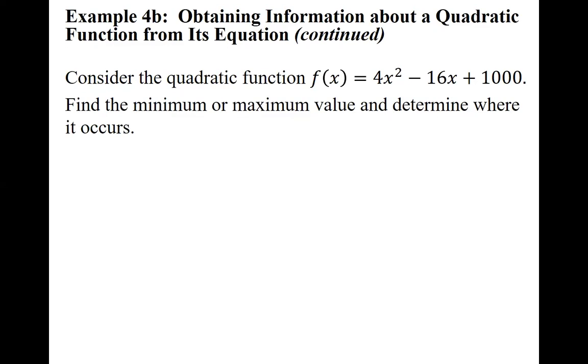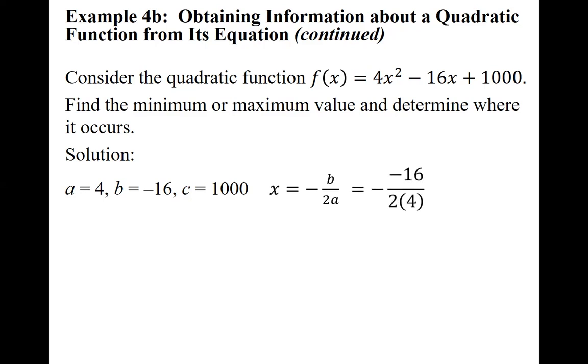Okay, now we do have to find the minimum or maximum value and determine where it occurs. Well, I already said where it occurs, and it occurs at x equals 2. How did I get that? x equals negative b over 2a. The opposite of negative 16 is positive 16. 2 times 4 is 8. 16 over 8 is 2.